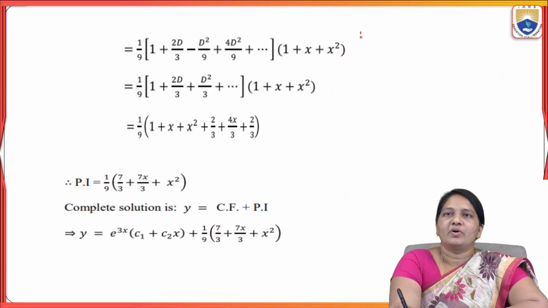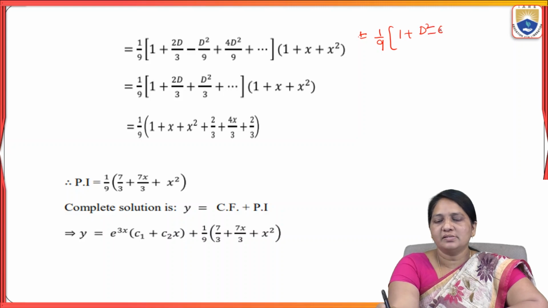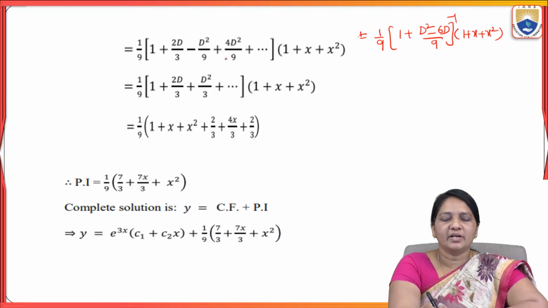So here 1 by 9 into 1 plus D square minus 6D by 9 whole inverse into 1 plus x square. We can take it as it is also, otherwise we can expand like this as separate terms.